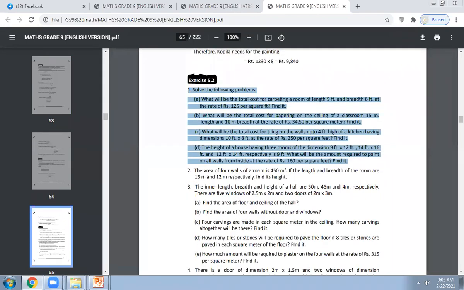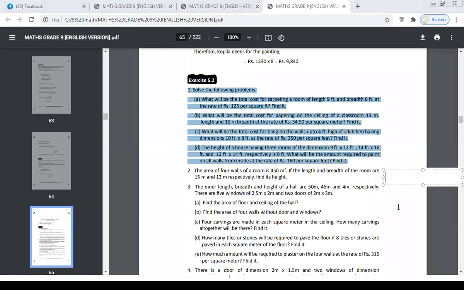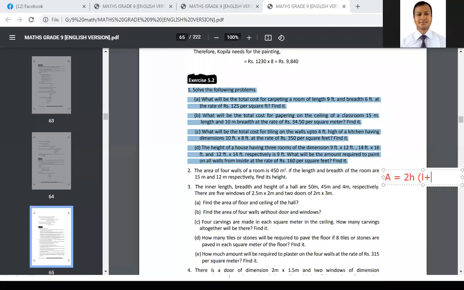Area of four walls of a room is 450. If the length and breadth of the room are 15 meter and 12 meter respectively, find its height. So which formula will we use here? 2h times L plus B we will use here.